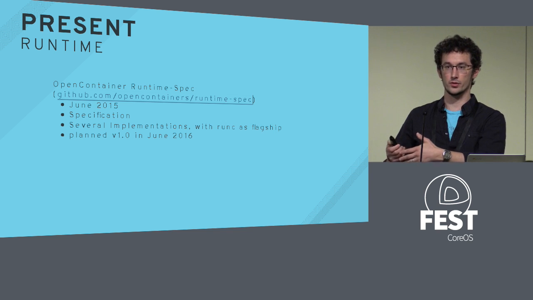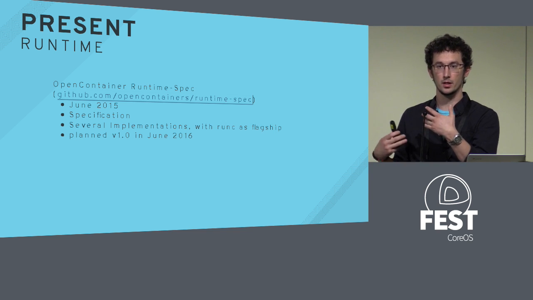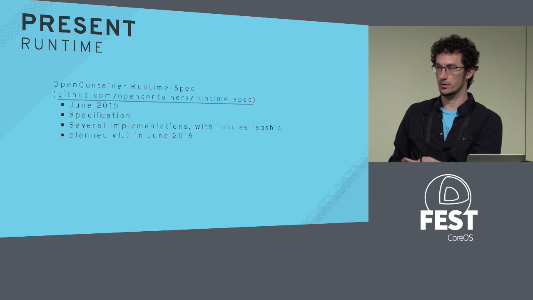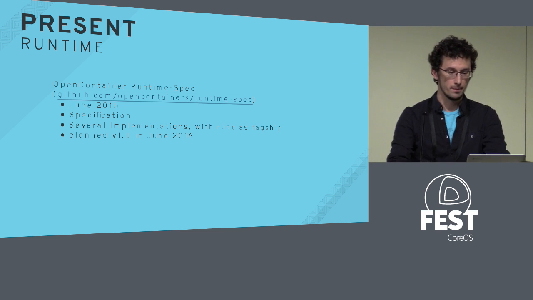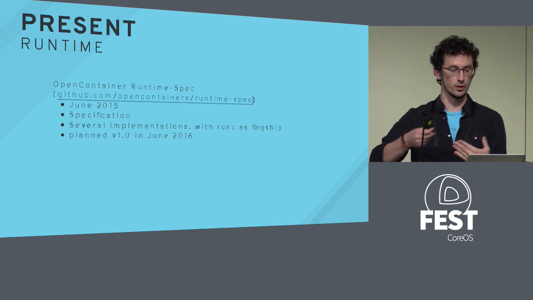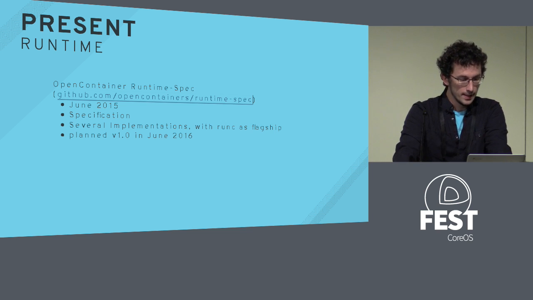So there's a runV for virtualization. There's a Solaris zones integration that's coming out. And so most implementations of the spec are looking to basically have a tighter coupling to what Docker is expecting. And its 1.0 is currently roadmapped for just next month.